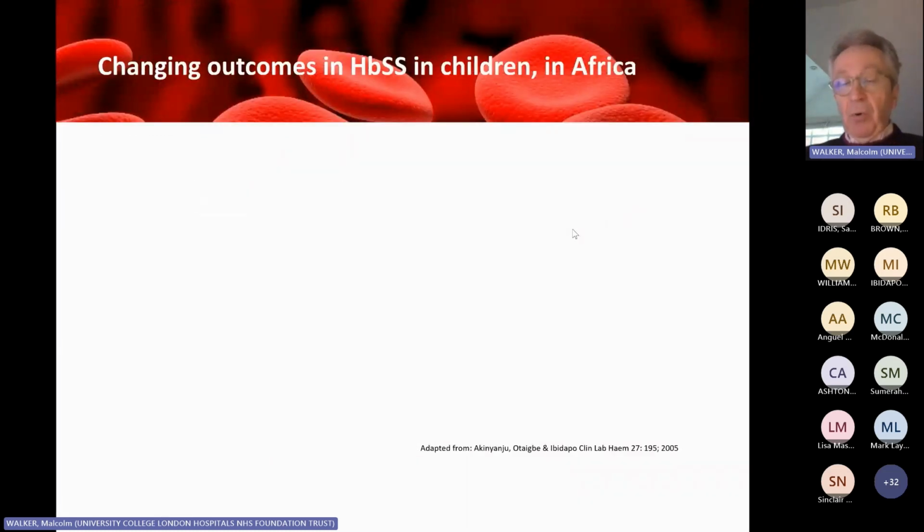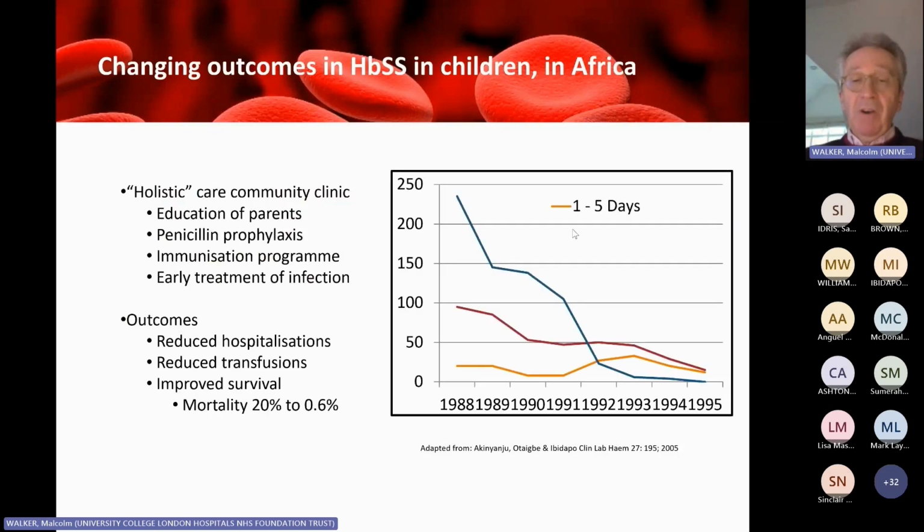However, it is important to note that the outcomes for homozygous sickle are changing even in Africa. This is an important point from colleagues in Nigeria, which I'm sure some of you will be aware of.